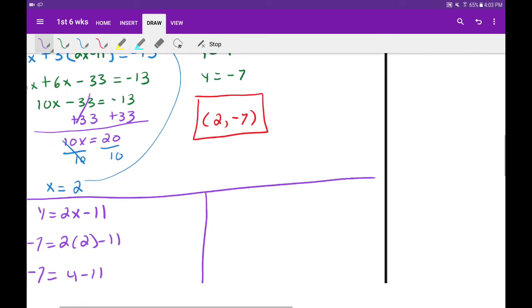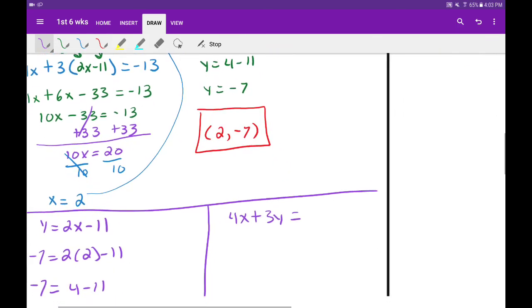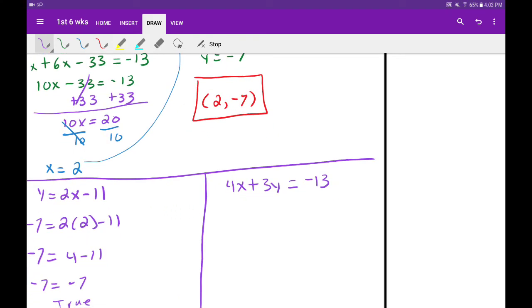4x plus 3y equals negative 13. Okay, same thing. Substitute 2 for x, negative 7 for y. So 4 times 2 plus 3 times negative 7 equals a negative 13. All right, so we get 4 times 2 is 8. 3 times negative 7 is a negative 21.